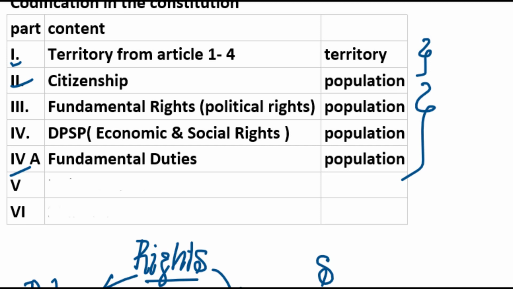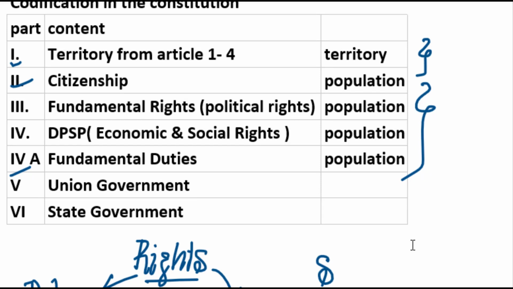So if this arrangement is systematic, then the next in our discussion should be the government. And in fact, which is what part 5 and part 6 talk about, and so on.